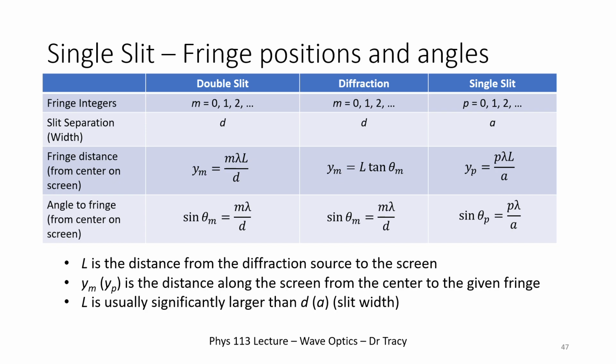That's the only difference, but otherwise these are the same equations. L is always the distance from the diffraction source to the screen. y sub m for double slit diffraction, or y sub p for single slit, is the distance along the screen from the center to the given fringe, and L is usually significantly larger than your slit width or slit distance. Slit width is a, slit distance is d.